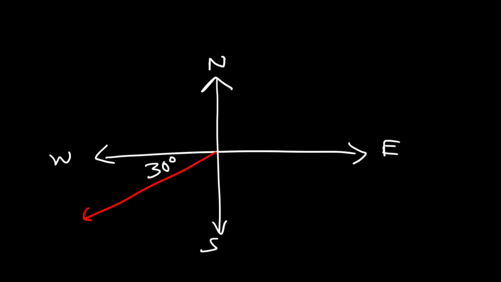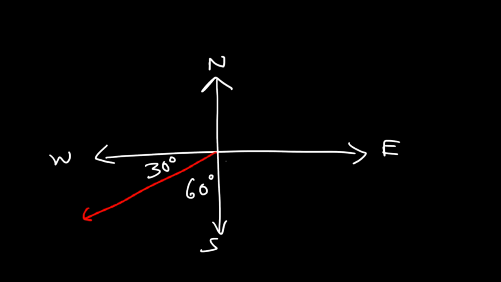Let's work on another example. Find the bearing. So go ahead and try this problem. So we shouldn't use this angle because it's not adjacent to the north-south line. We need to use this angle, 60 degrees.